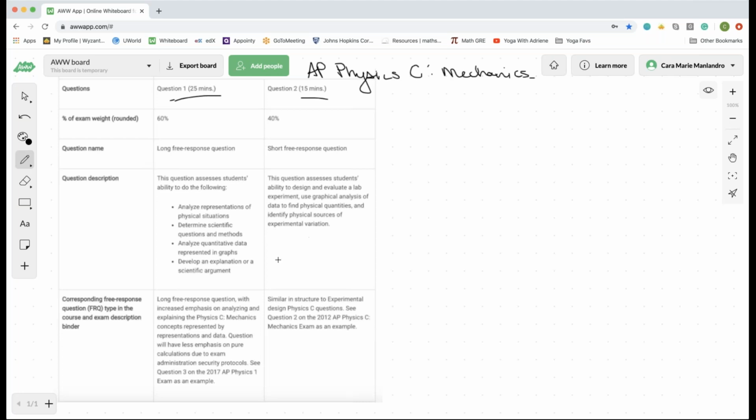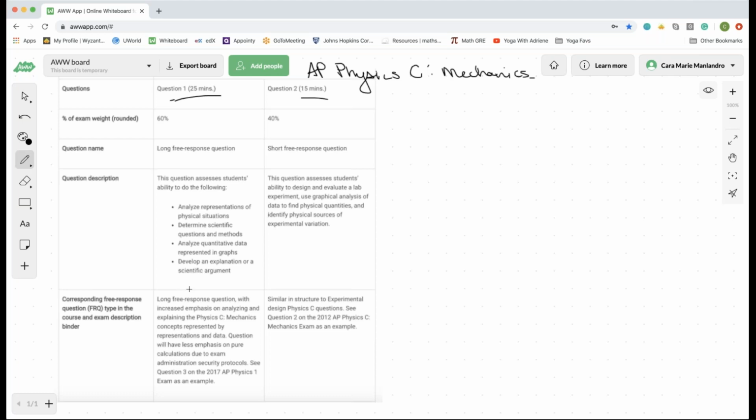The long one looks like it's going to be very conceptual, so they might ask you a lot of conceptual questions that have to deal with the physical properties of things. I personally find that if you can actually do the physics, then you can answer the questions pretty easily.